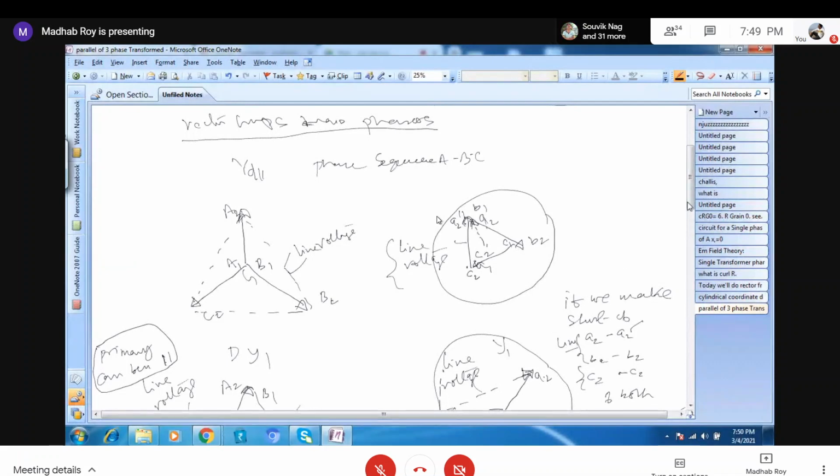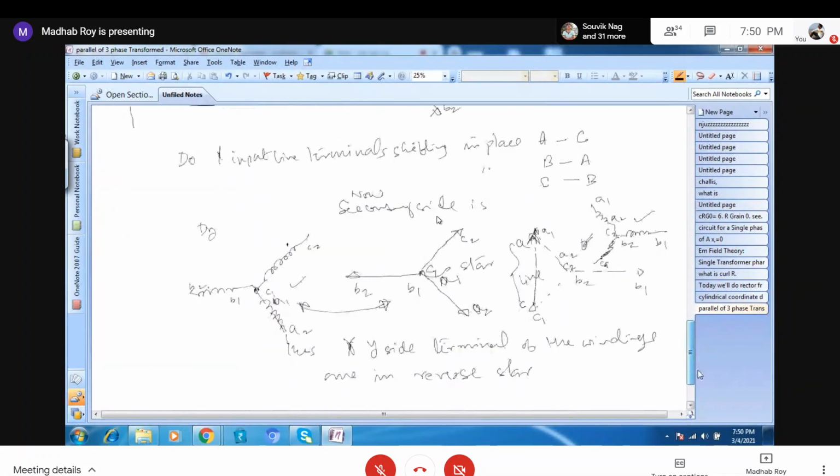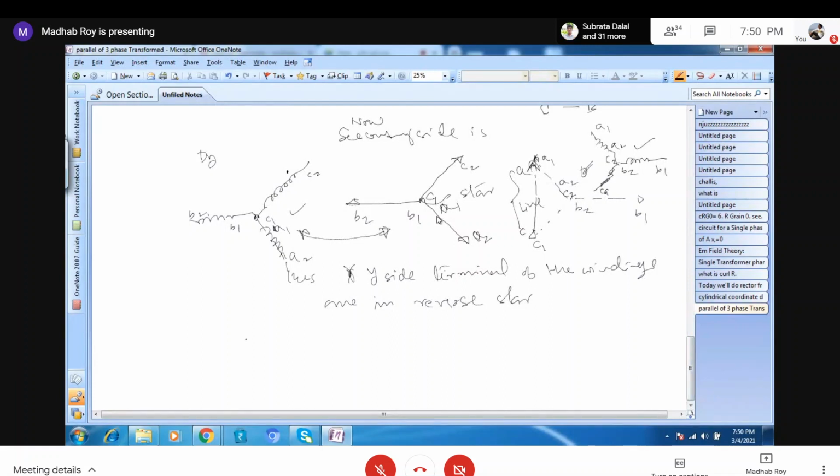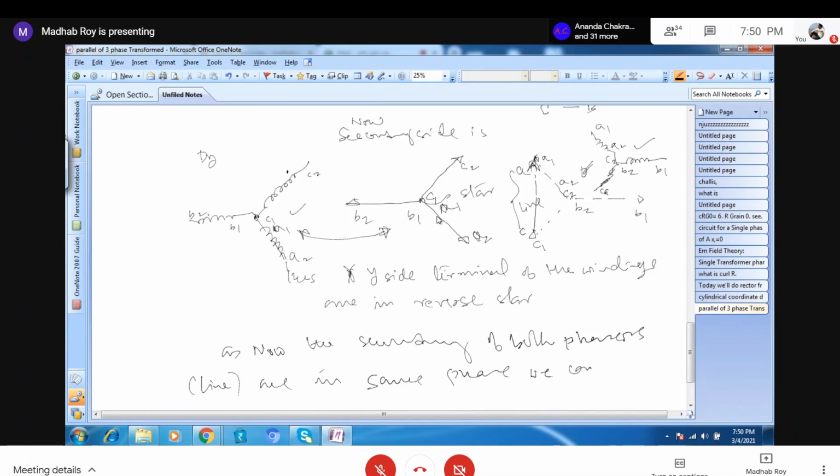Can we do it now in parallel? As the secondary lines are in the same phase, the secondary phasors of both, that is the lines, are in the same phase, so we can do it now in parallel.